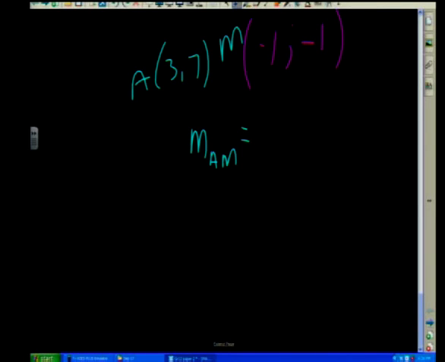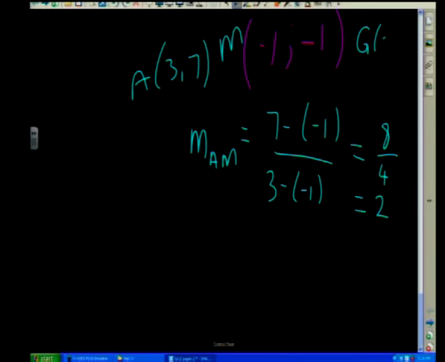So therefore the gradient is going to be y2 minus y1 all over x2 minus x1. That's going to give me 7 minus minus 1, which is 8, all over 4. So my gradient is 2. Now if we take the coordinates of G, remember that was (A, B), and I equate them, the gradient from G to M, or A to G, it's all going to be the same.